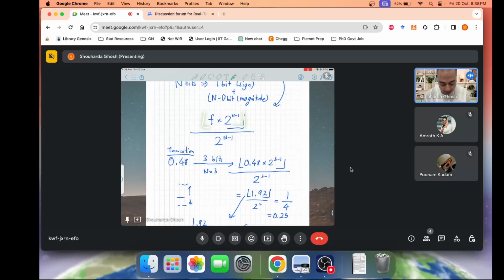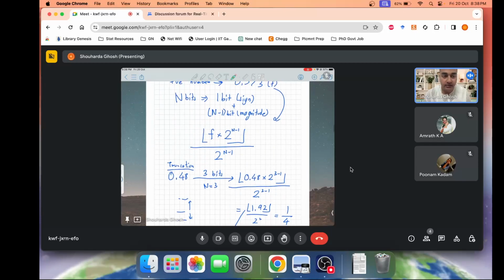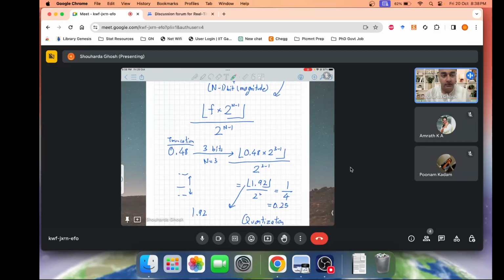There are two types of quantization, one is truncation and one is rounding. Truncation entirely removes the unrequired LSBs. This is very easy to do in hardware, but the problem is that the average error is actually not zero, average error is LSB by 2. But in case of rounding, you round it to the nearest number.